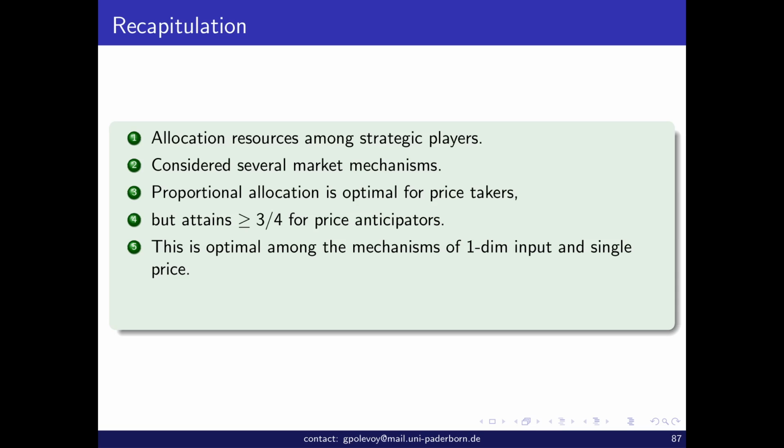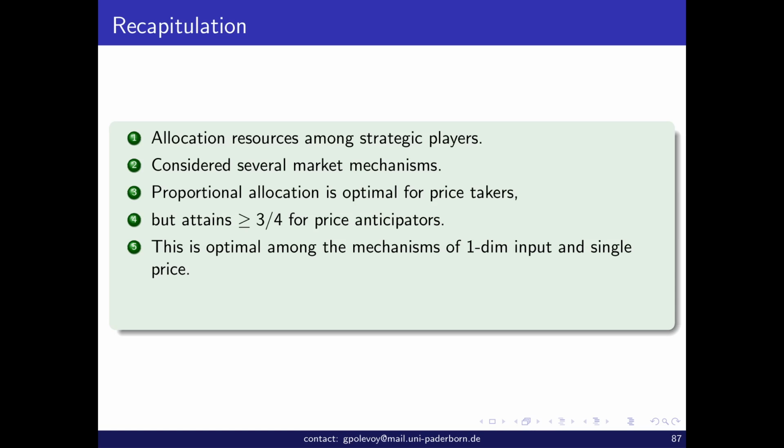We define this calligraphic D mechanism. We proved that all of them, with those technical assumptions we need, allocate the goods proportional to the bids, but the prices they charge could be this or that. That was the degree of freedom, the way to charge the player.